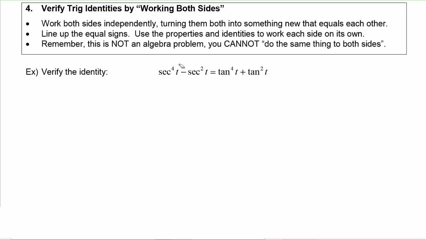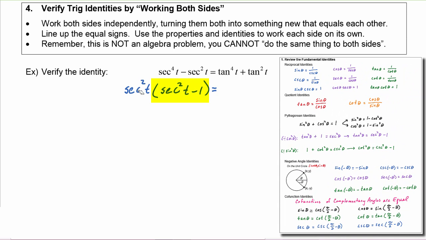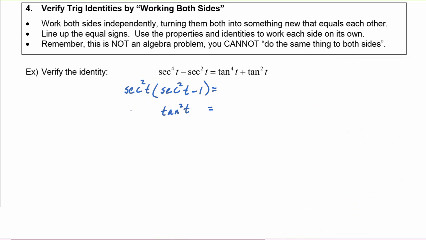We see that we can factor out a secant squared of t, and we would have left secant squared of t minus 1. Now here we know that we can use a trig identity and substitute in tangent squared of t. We bring down the secant squared of t.